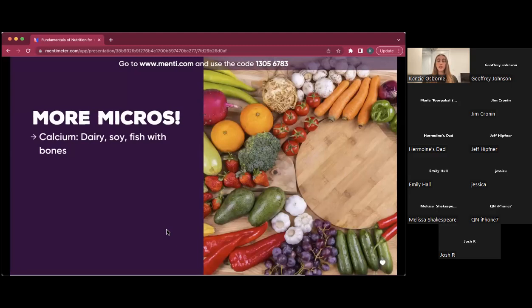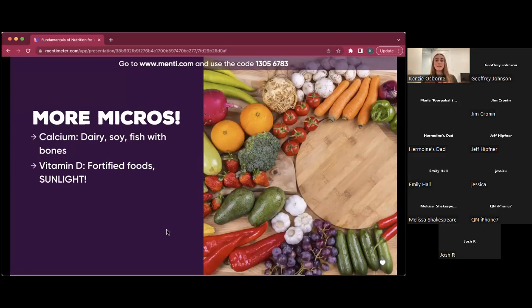Okay, so where do you find these? Calcium is primarily found in dairy products as well as soy products, so tofu, edamame, tempeh, and then any fish with bones. Sardines and salmon are good examples. Vitamin D, we can't really get from food. The only foods that have vitamin D in them are salmon with bones and mushrooms that are grown in a very specific way using UV light, which are hard to find.